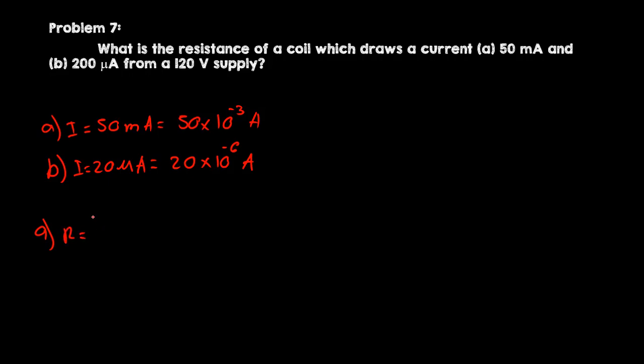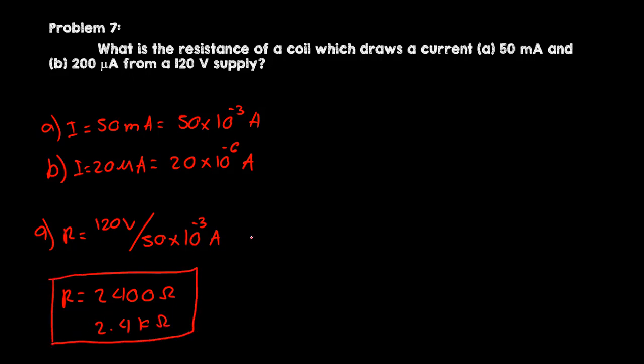So for A, R is equal to the voltage of 120 volts all over 50 times 10 raised to negative 3 amperes. So R is equal to 2,400 ohms or 2.4 kilo ohms.